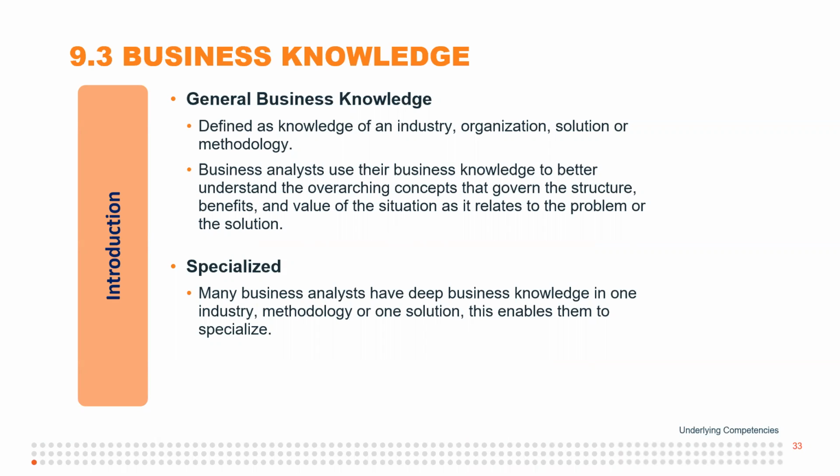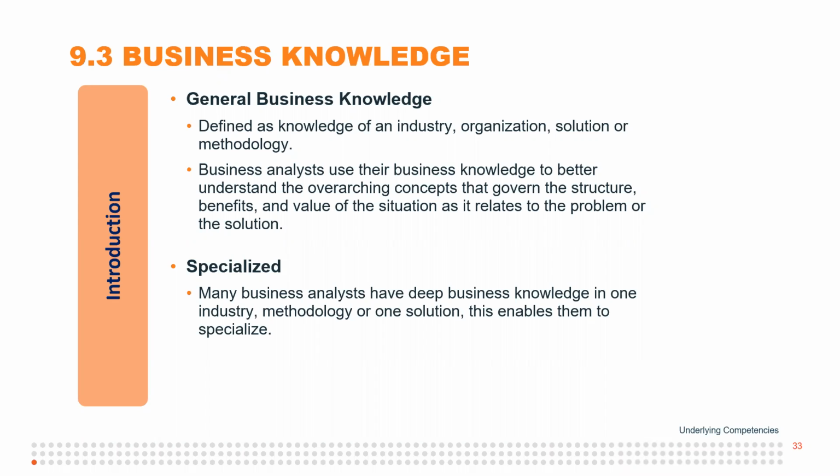Anyway, so general business knowledge is defined as a knowledge of an industry, organization, solution, or methodology. And business analysts use their business knowledge to better understand the concepts that govern the structure, benefits, and value of the situation as it relates to the problem or the solution. And oftentimes, there can be specialized business knowledge as well.